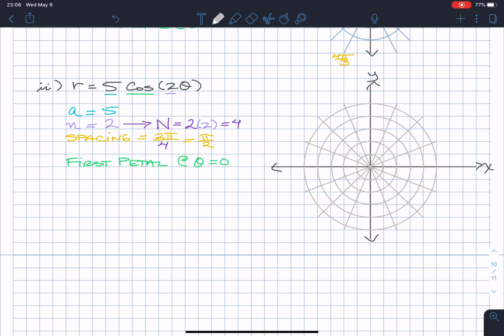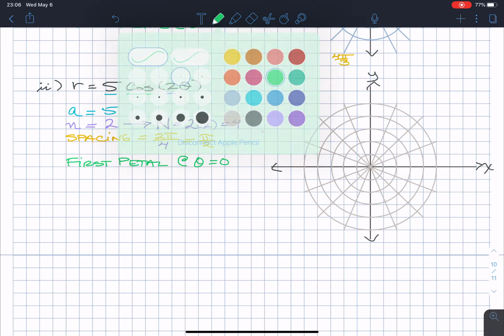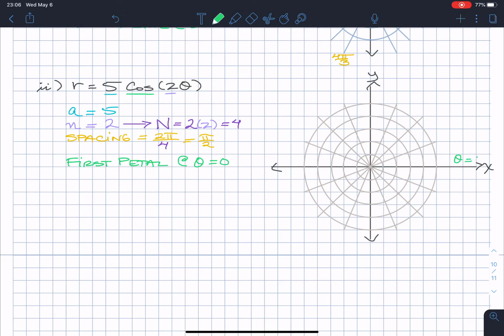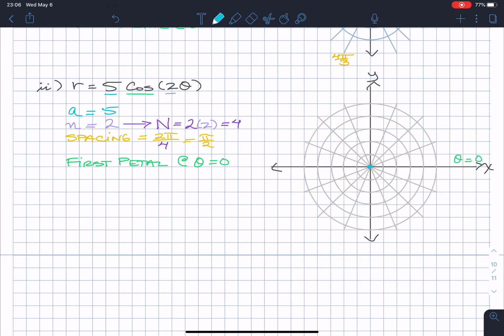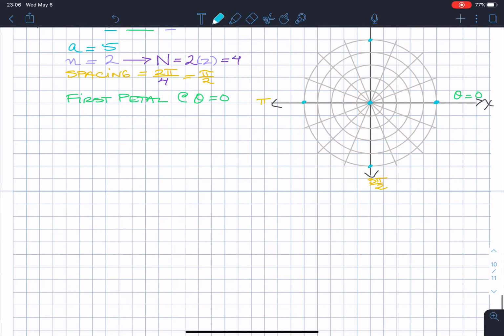Okay, so now I know that my first petal is along theta equals 0, and it has a length of 5. So I go through the pole. My first petal has a length of 5. And then it's every pi over 2 units. So 1 pi over 2, 2 pi over 2, 3 pi over 2. So every pi over 2 units, I have a petal of length 5.